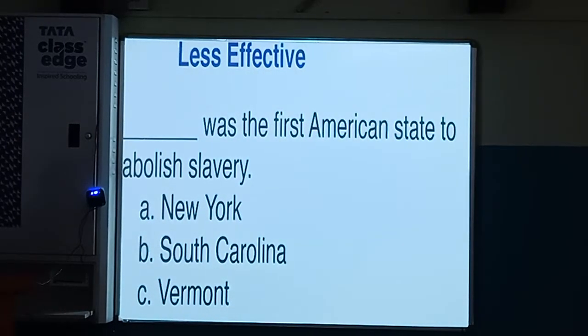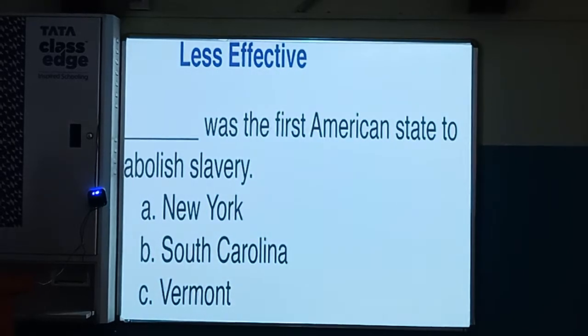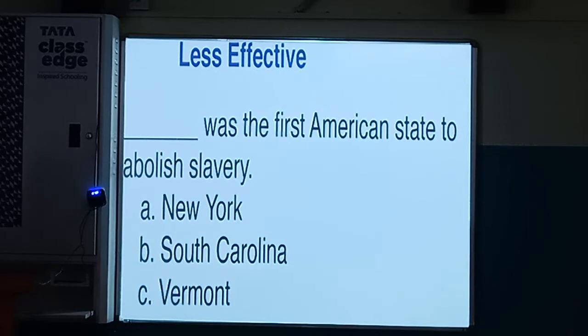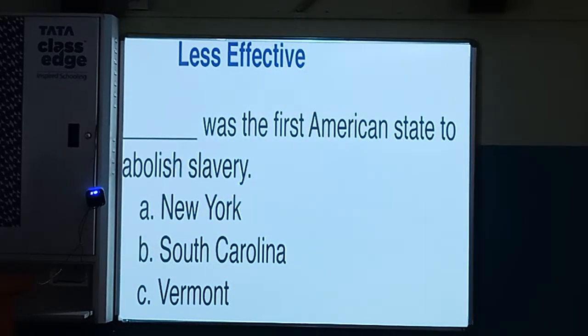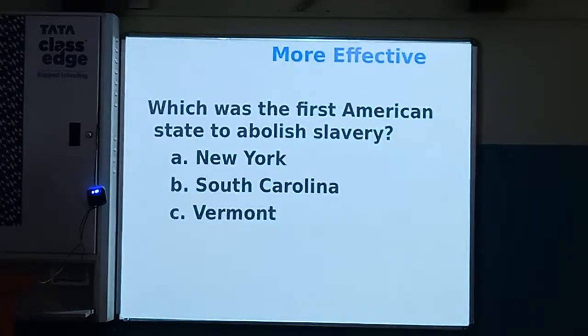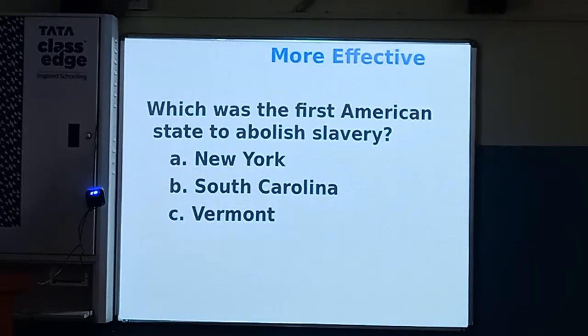Basically we are giving a fill in the blank, which is not required in a multiple choice question, so always avoid it. Sometimes we give fill in the blanks and options, but it must be specific. The same question can be framed like this, in question form: Which was the first American state to abolish slavery?